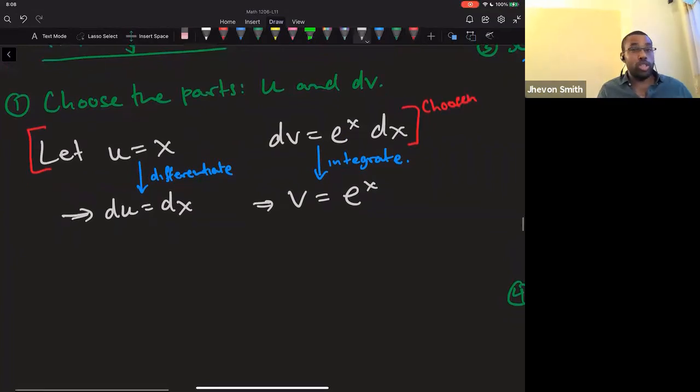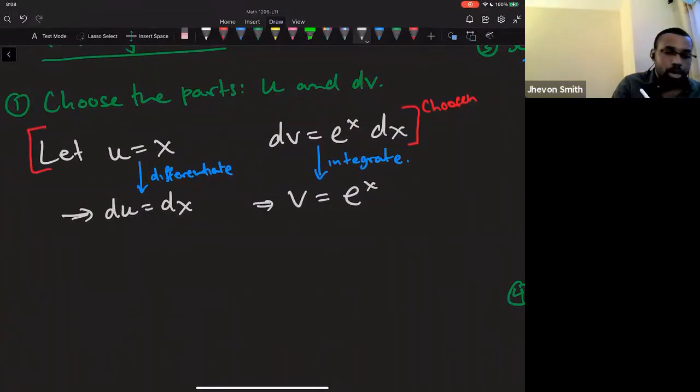Yeah, so you'll choose the parts. Then you would find the other 2 parts that you need by differentiating and integrating. And then you're going to plug into the integration by parts formula.